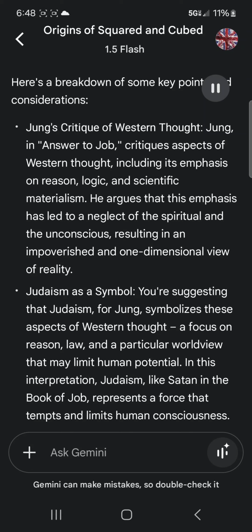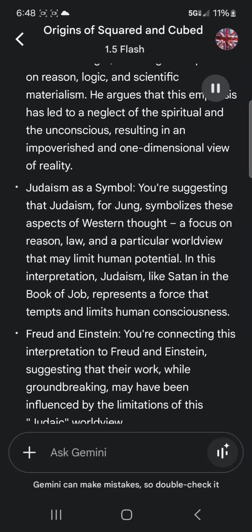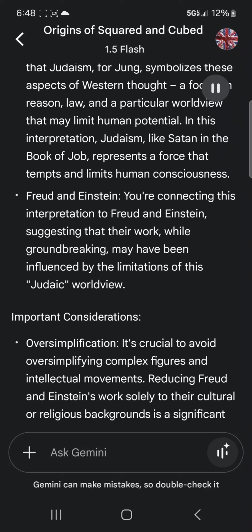Judaism as a symbol. You're suggesting that Judaism, for Jung, symbolizes these aspects of Western thought, a focus on reason, law, and a particular worldview that may limit human potential. In this interpretation, Judaism, like Satan in the Book of Job, represents a force that tempts and limits human consciousness. Freud and Einstein. You're connecting this interpretation to Freud and Einstein, suggesting that their work, while groundbreaking, may have been influenced by the limitations of this Judaic worldview.